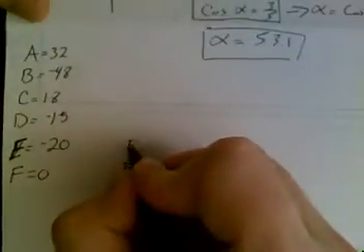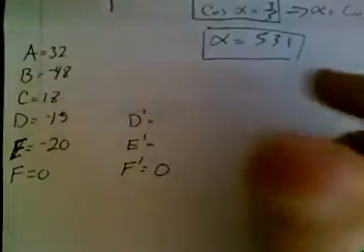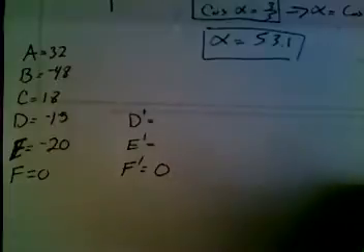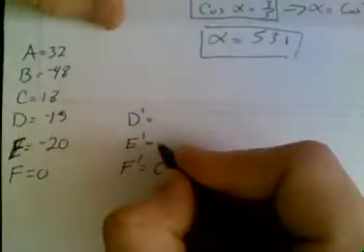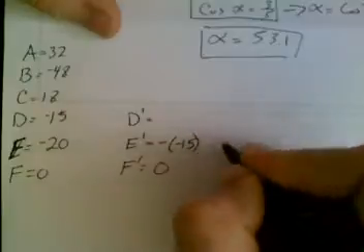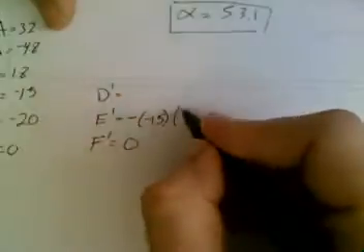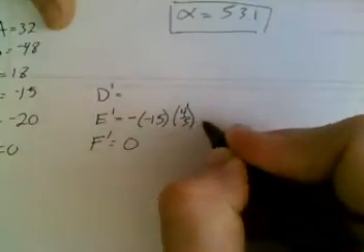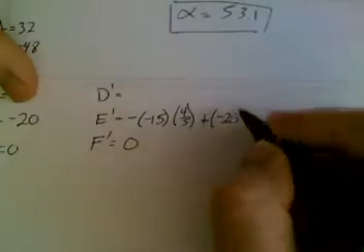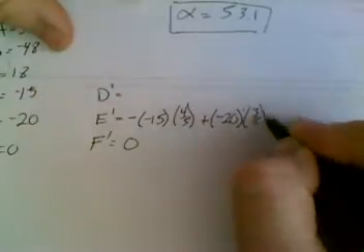I'm going to do E prime and D prime. And again, keeping this formula sheet very close to me, I'm going to type all those values in. For E prime, I have a negative D times the sine of alpha. Sine of alpha, remember, we found up here, 4/5. So that's times 4/5, plus my E value, which is a negative 20, times the cosine of alpha, which is 3/5.